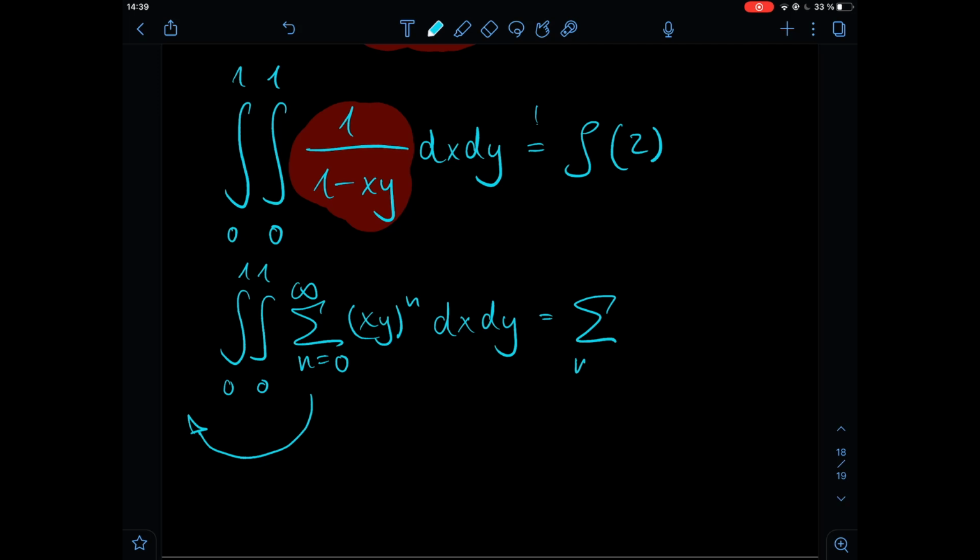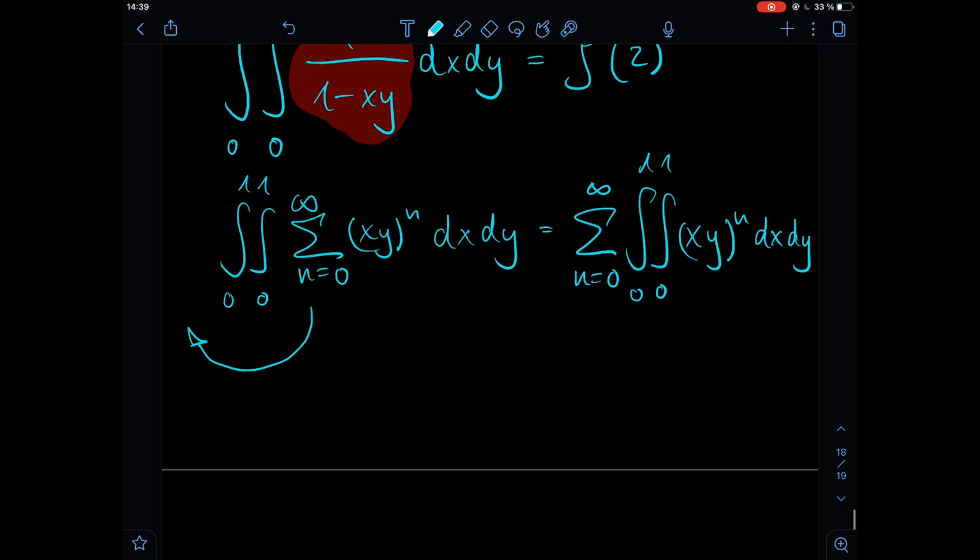So we have the sum from n equals 0 up to infinity outside of the two integrals, and then we have xy to the power of n dx dy, and then we just have to integrate with respect to x and with respect to y, which is kind of simple because it's just a polynomial, and we evaluate it at the limits 1 and 0.